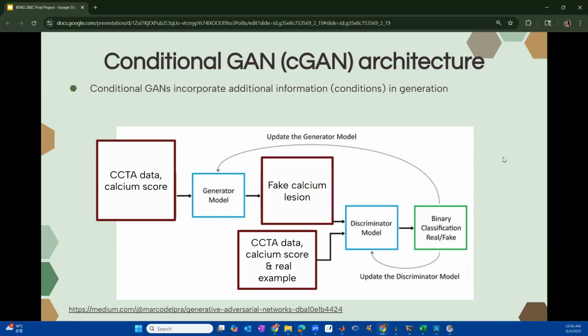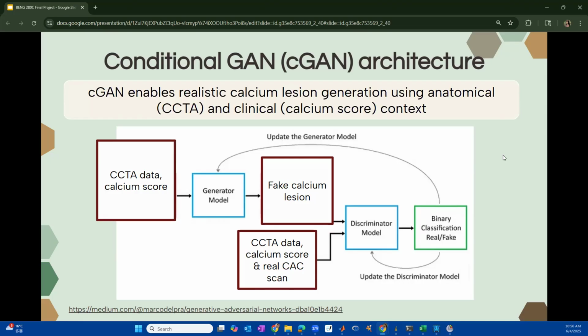The generator then outputs a fake calcium lesion that has been conditioned on the score, and that is fed to the discriminator. The discriminator is also fed real CAC scan images with real calcium lesions, conditioned on the CCTA and calcium score data. The discriminator then determines if those inputs are real or fake, and the process continues.